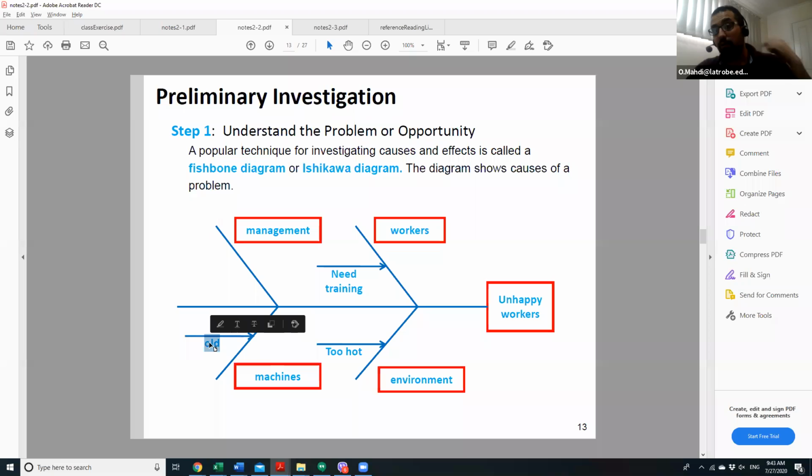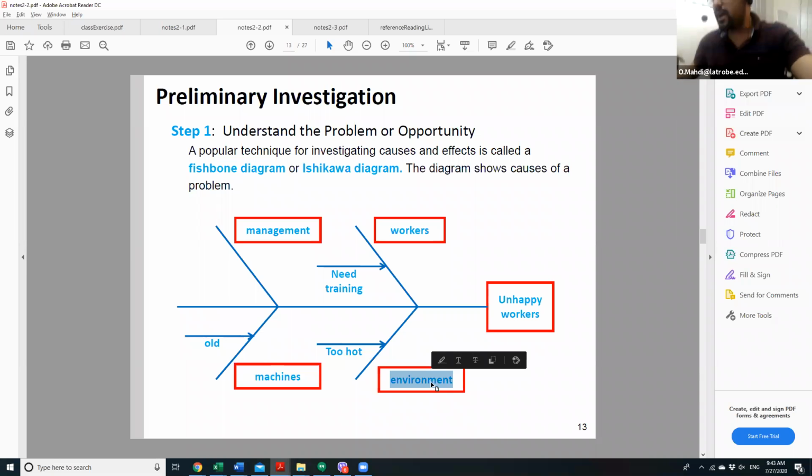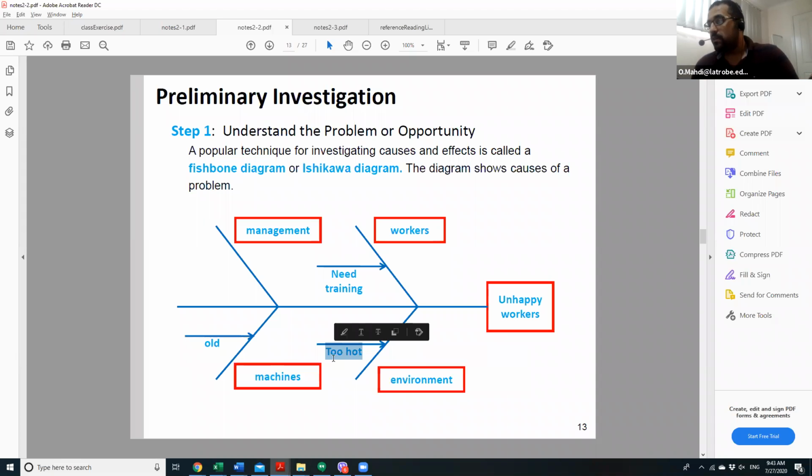These are the causes under machines. What about the environment? The environment, for example, is too hot. So these are the causes of the problem itself.